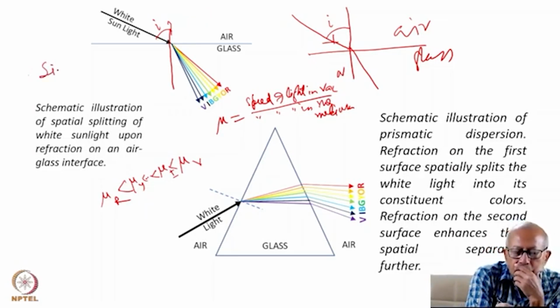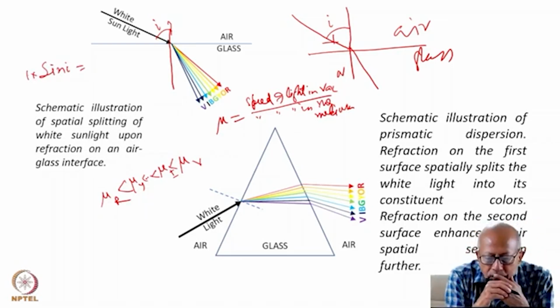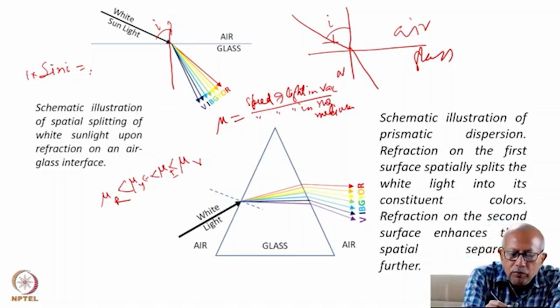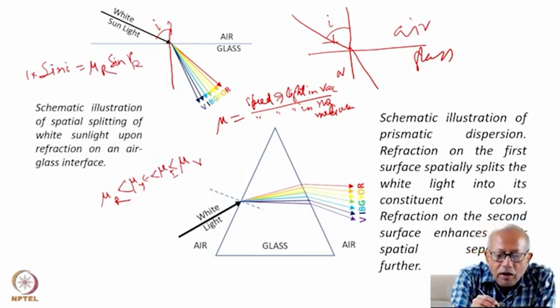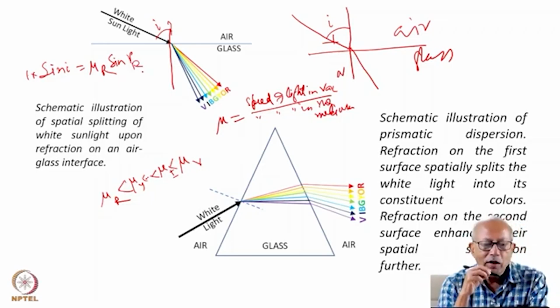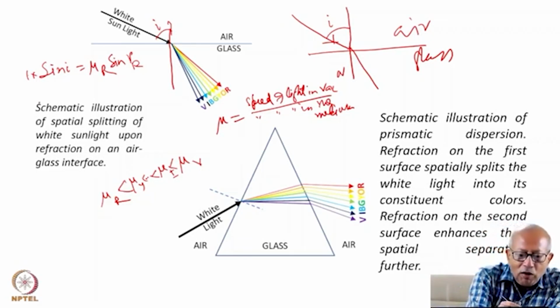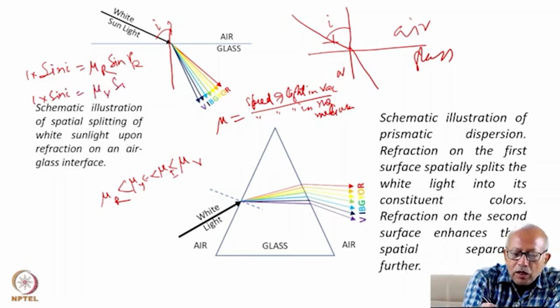So from Snell's law, for red light, 1 into sin i will be equal to mu r into sin r, where we call the angle of refraction r. And for violet light, it will be 1 into sin i equal to mu violet into sin r.